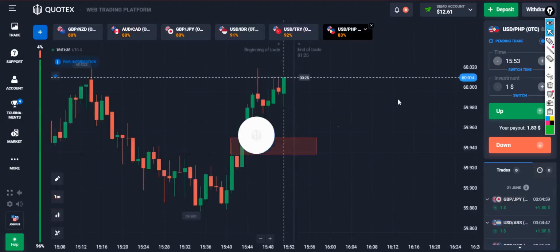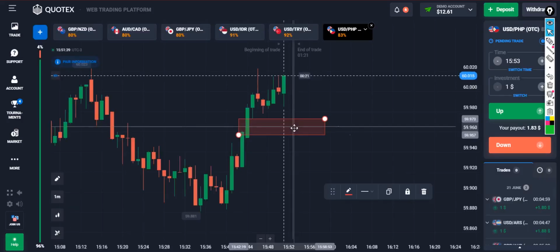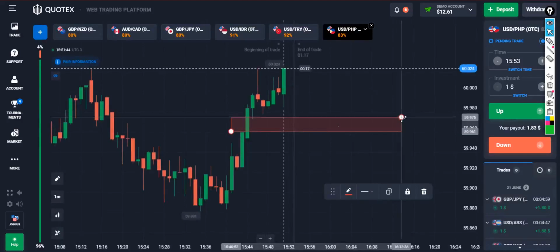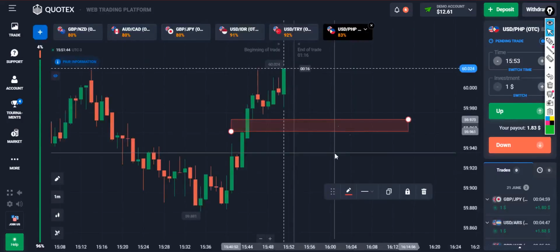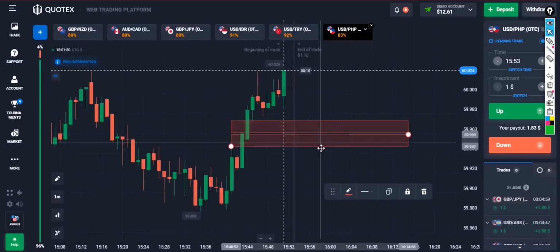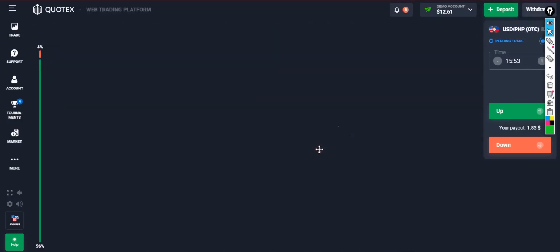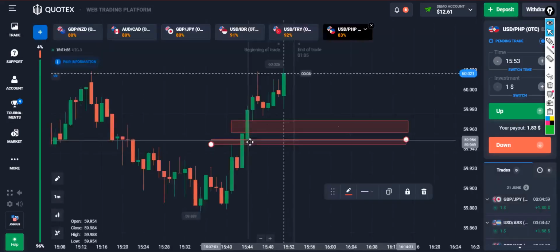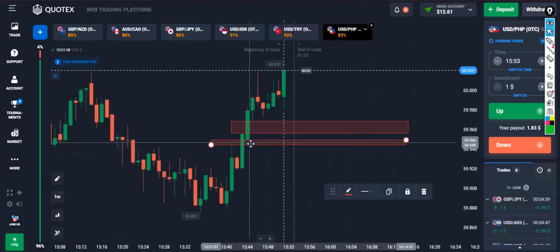So let's see, here's the PHP. There is another fair value gap. When you see a lot of fair value gaps, what you can do is draw all of them. I'm not gonna use this one because this is a small one, it would be risky.